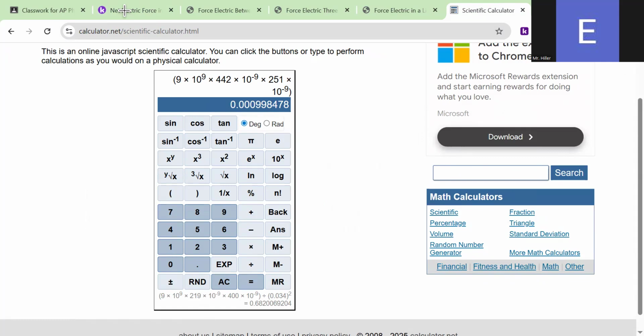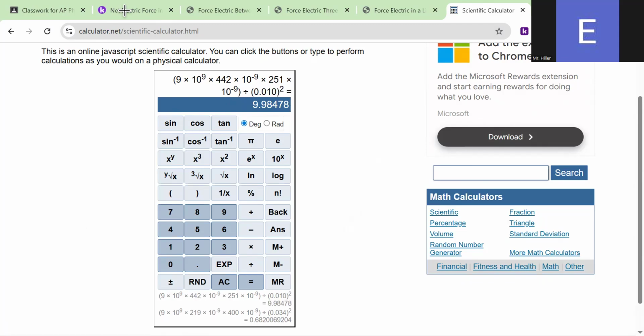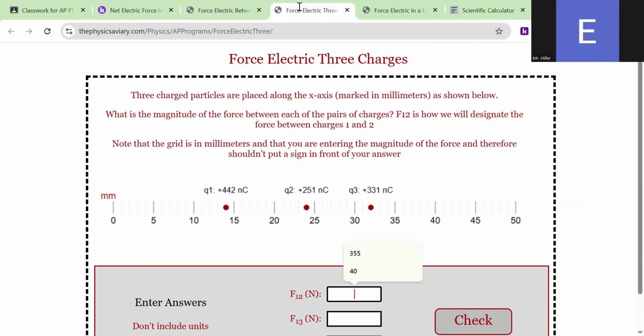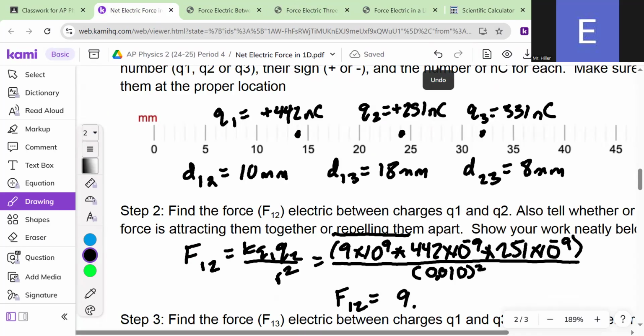Close parentheses, divide, open parentheses, the distance between them was 10 millimeters or 0.01 squared. Okay, and I'm getting about 9.98. And yes, it's repel.